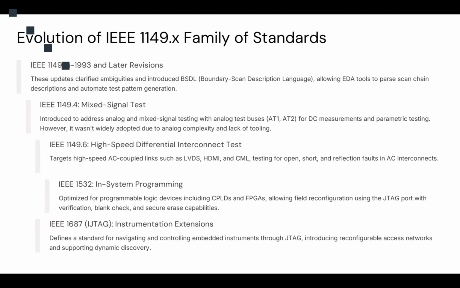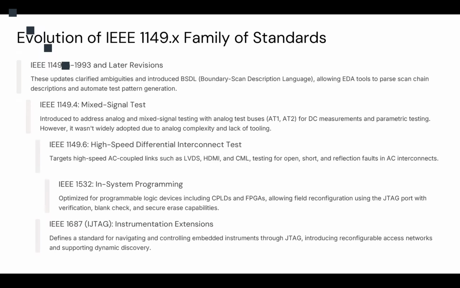It's not just part one. We had several other standards in that family. One is 1149 part 4, which is mixed signal boundary scan. That standard was developed to extend the boundary scan for testing the analog or mixed signal components on digital ICs.